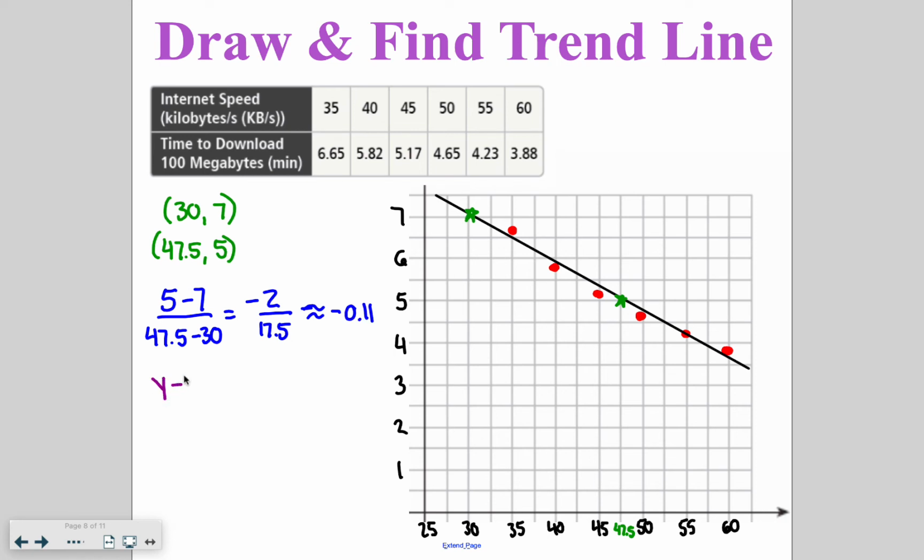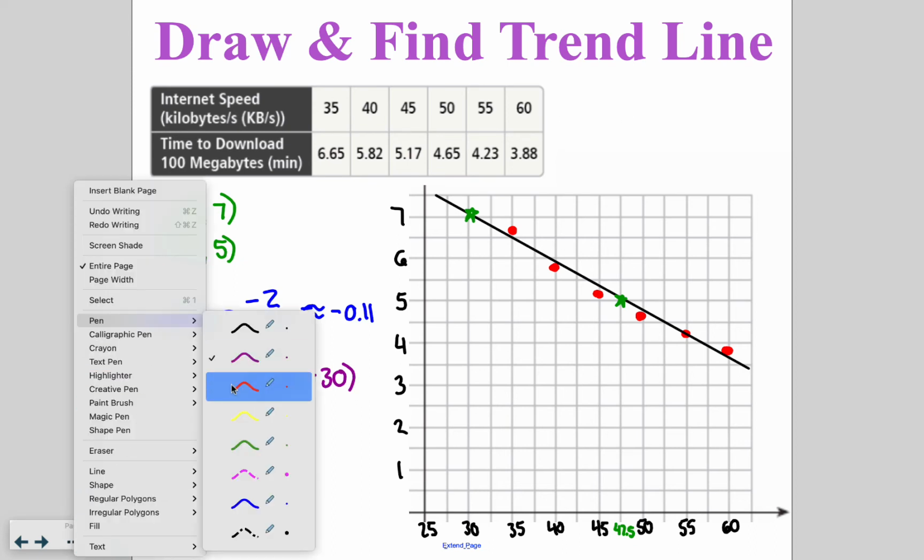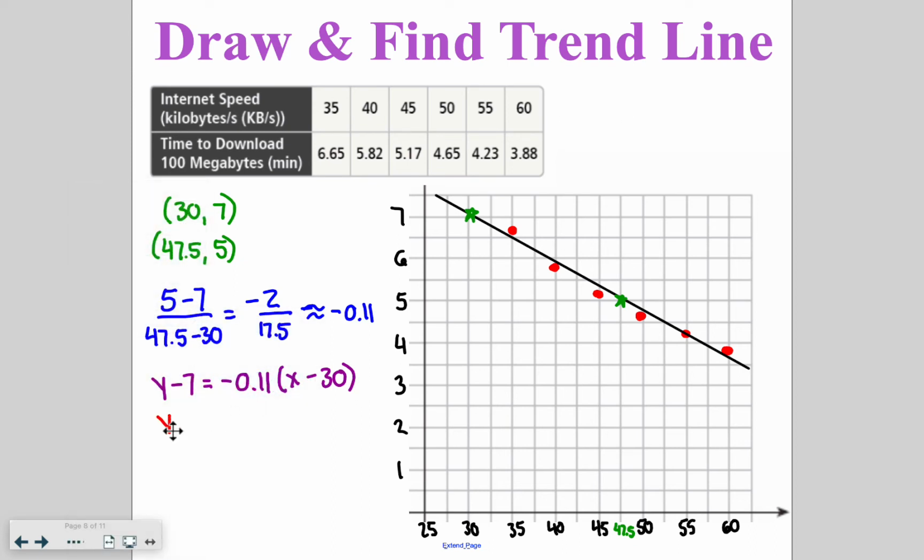So y minus 7 is equal to negative 0.11 times x minus 30. Then we want to continue to simplify down to slope-intercept form. So I'm going to distribute, and I'm going to get negative 0.11x. Negative and a negative makes a positive. 0.11 times 30 is 3.3.